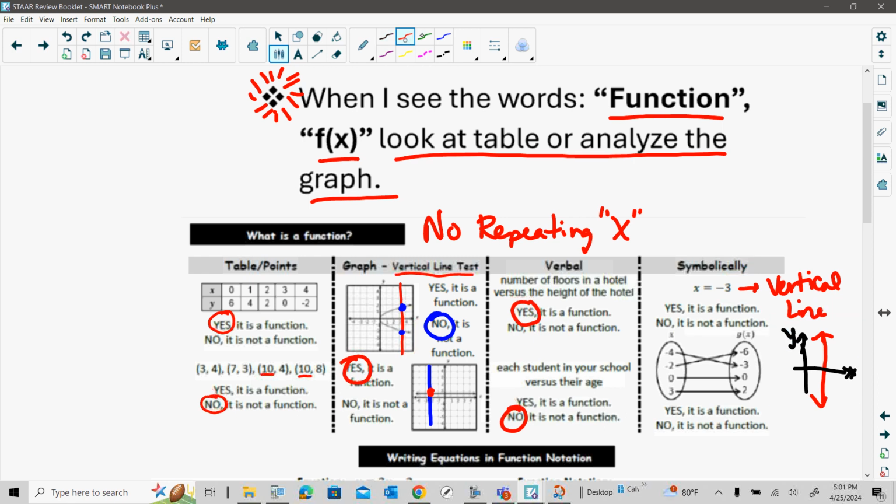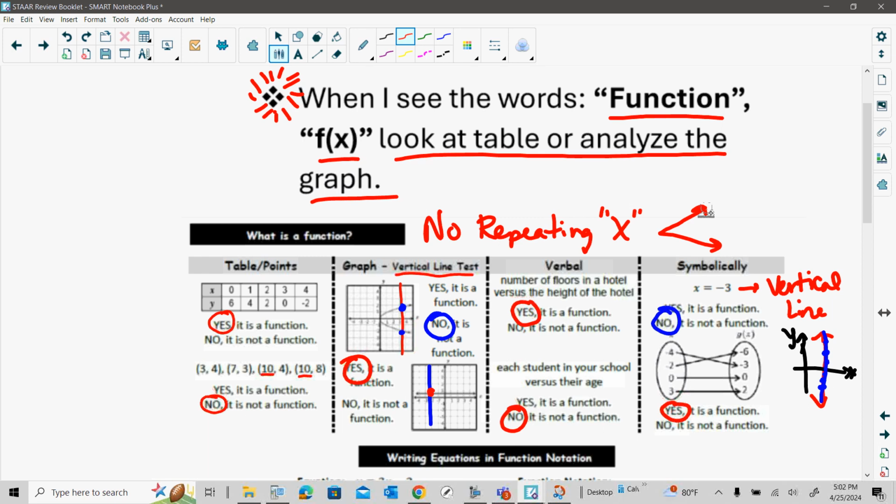If I have a vertical line, which is my red line, and I do the vertical line test, put a vertical line on top of it, well, that vertical line touches everywhere. So this is not a function. Okay. And then I can check my mapping here, and this mapping is yes. If I'm checking for not a function, the mapping should split from one x value.